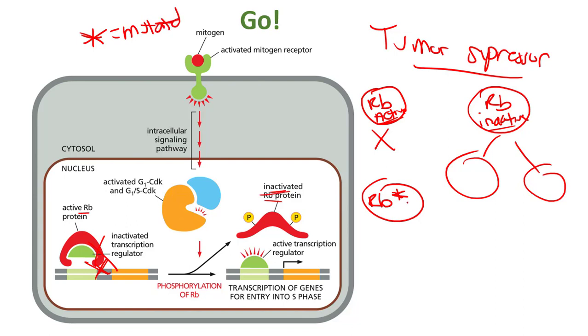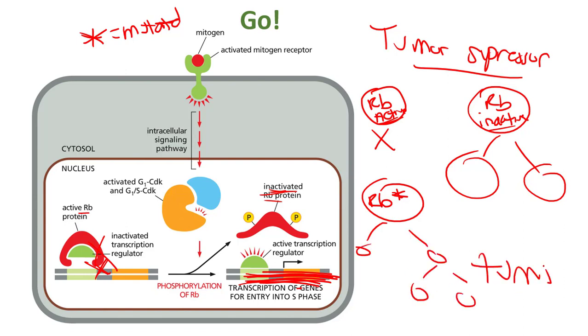So if that RB protein was mutated and was constantly inactivated, that means the cell could constantly undergo transcription of these cell replication genes. And the cell could just start growing out of control. You'd get a tumor. In fact, there are cancers out there where an RB protein has been mutated. Transcription of S-phase genes is unlimited and cells divide out of control, forming a tumor.